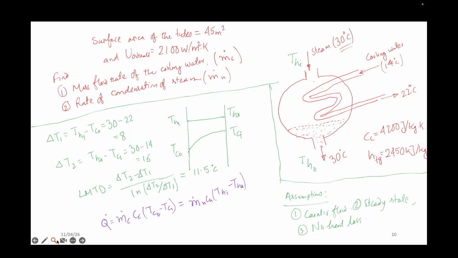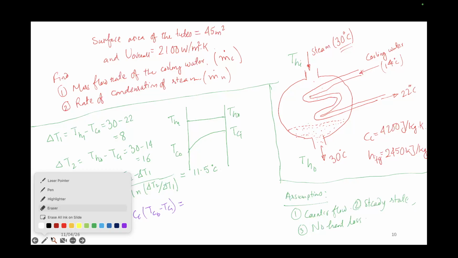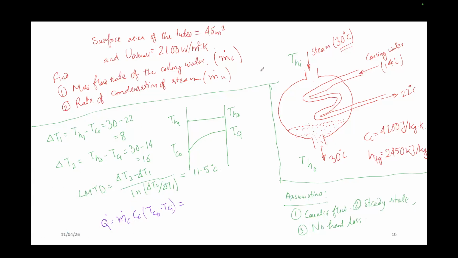Is it the scenario? No, no. Because heat transfer is happening. This formula we will only use if it is below the boiling point or the condensation point, because at this point the heat transfer is because of specific heat. But as here it is a phase change phenomenon, heat transfer is because of latent heat.